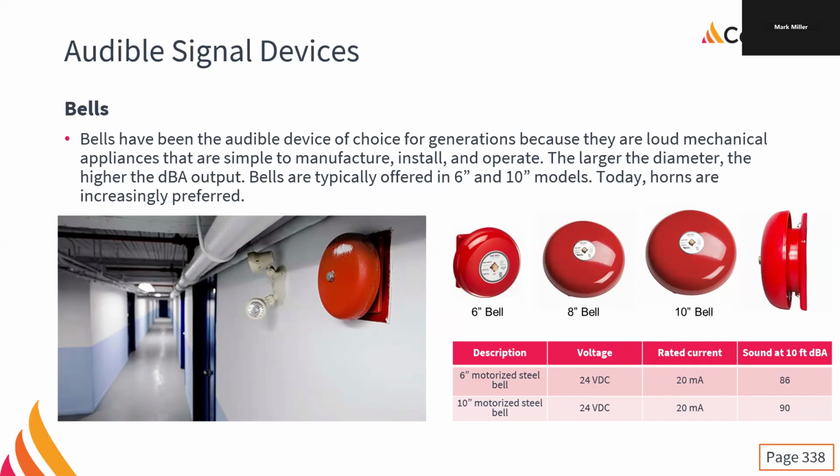The difference between a 6-inch and a 10-inch bell, well, 86 to 90 decibels. That's the rating. Of course, every 3 decibels, right? Because the decibel scale is a logarithmic scale. 3 decibels is twice as loud, right? So going from 86 to 90 decibels, that's almost 2.5 times as loud. It changes a fair bit. The 12-inch bells are pretty impressive on how loud they are.